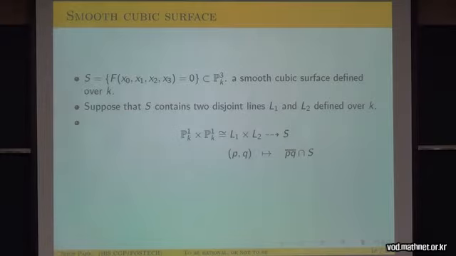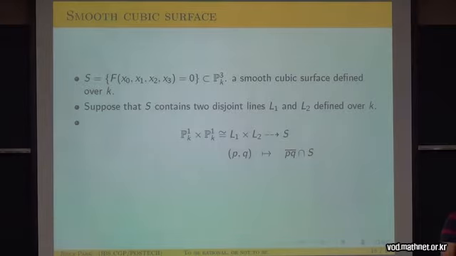You have a line and you have the cubic surface, and these 2 points are on S. So the line will hit another point: 1, 2, and 3, right? These 2 points are defined over K, so the remaining solution is also defined over K. We have a one-variable cubic equation.